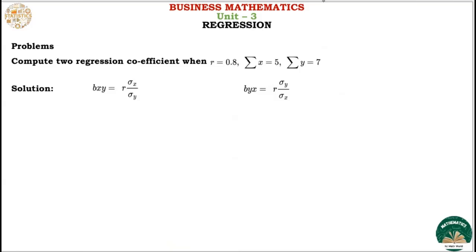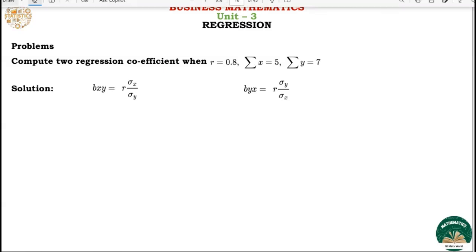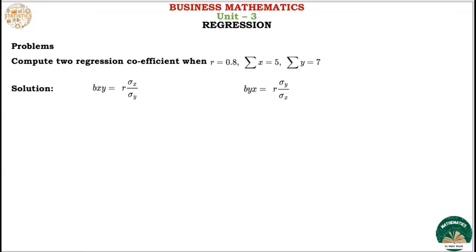Compute the two regression coefficients when r equals 0.8, sigma x is equal to 5, and sigma y is equal to 7. So here we have to find bxy, which will be r, 0.8, into sigma x by sigma y. Sigma x is 5 and sigma y is 7.